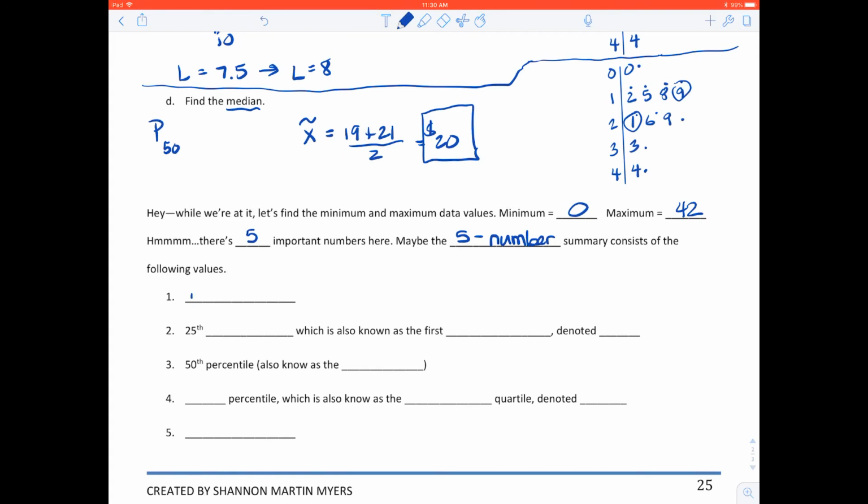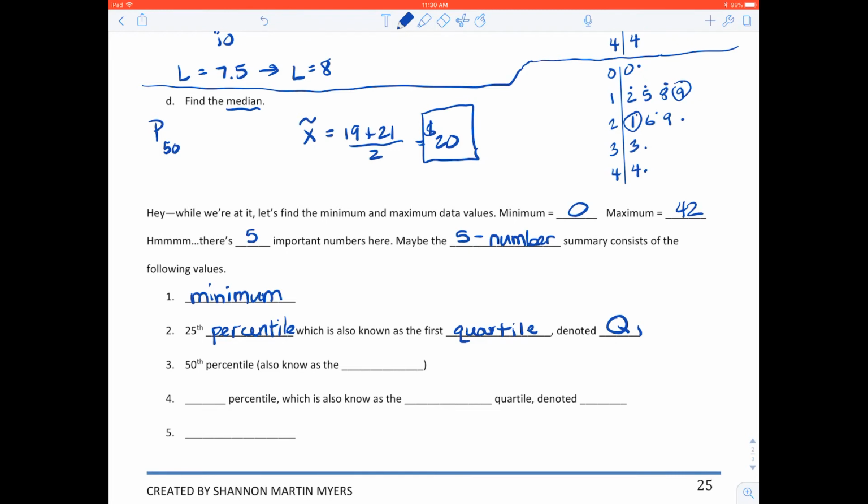What do you think? The minimum value, the 25th percentile, which, by the way, is also known as the first quartile. And then they're special, right, because there's not as many quartiles. So we denote that Q1.